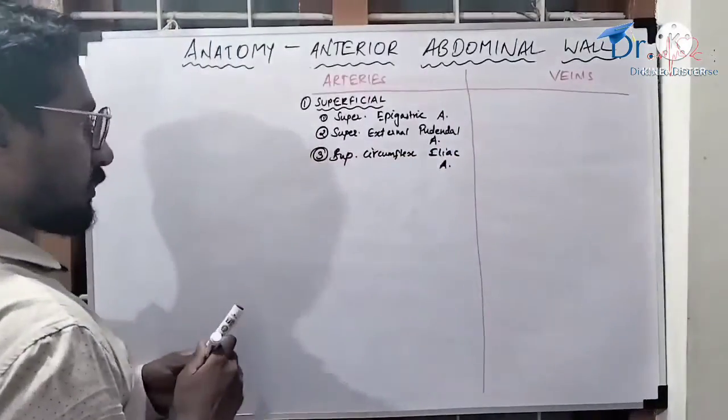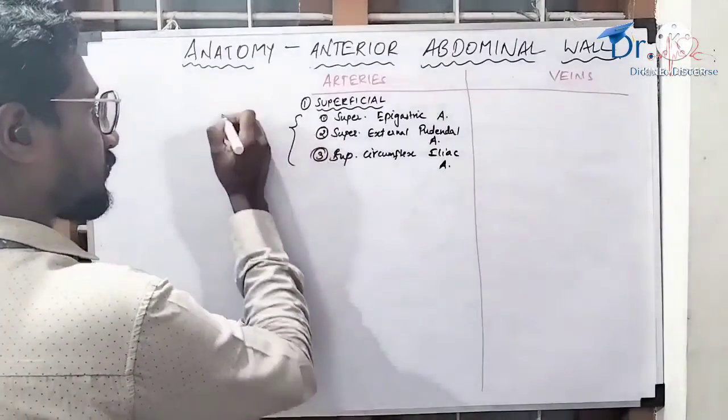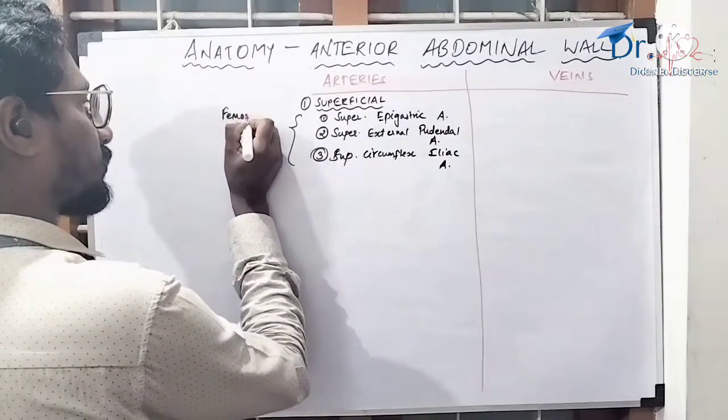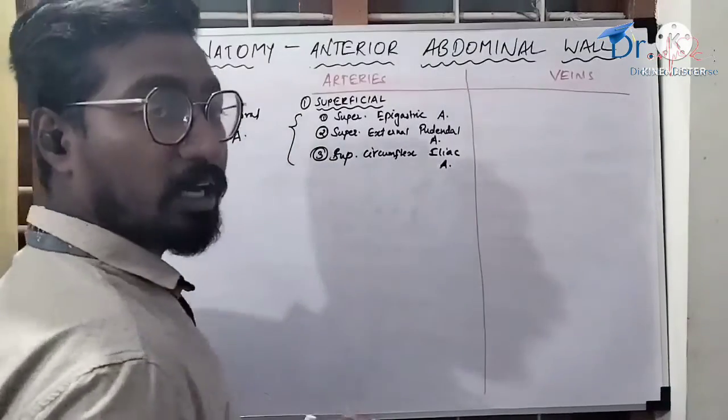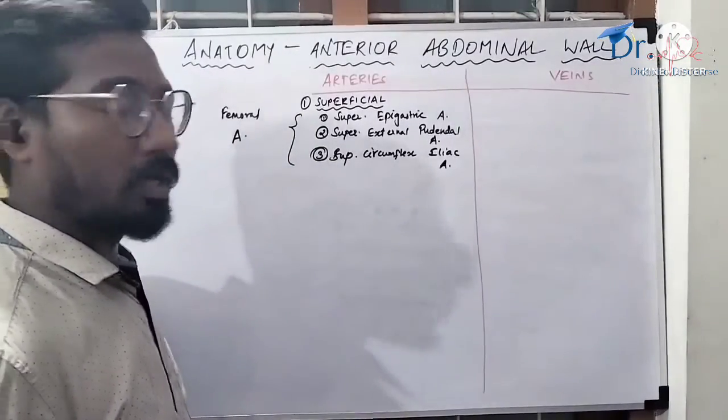Alright, as we know, these three arteries are the branches of the femoral artery. So these are the superficial arteries which supply the anterior abdominal wall.